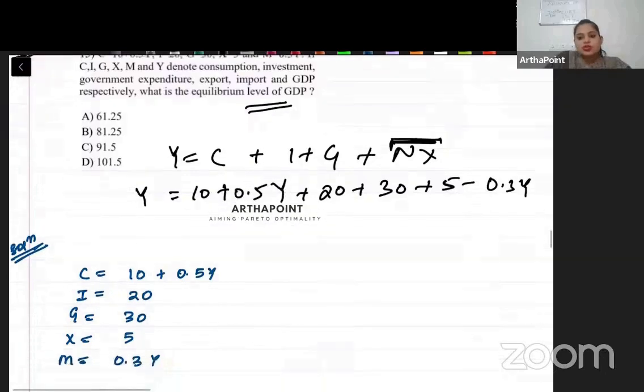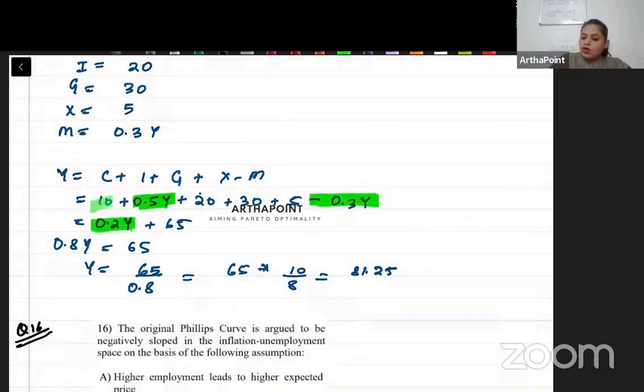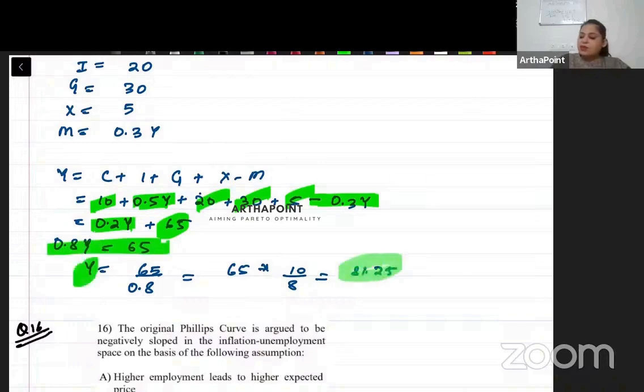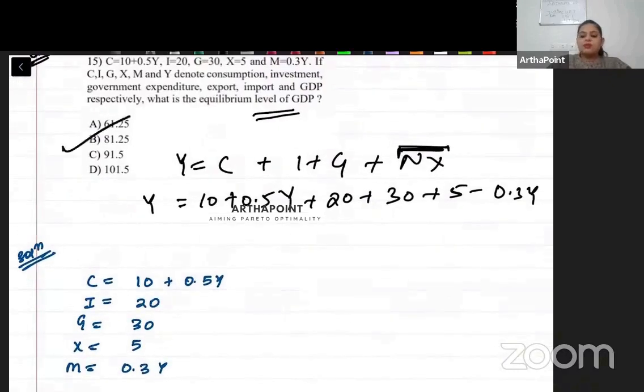This is your equation. Just solve this equation. So when you solve this equation, what will you get? 0.5Y minus 0.3Y will be 0.2Y. All other things added together will be 65. So 0.8Y will be 65. Y will be 81.25. So your answer to this question will be B.